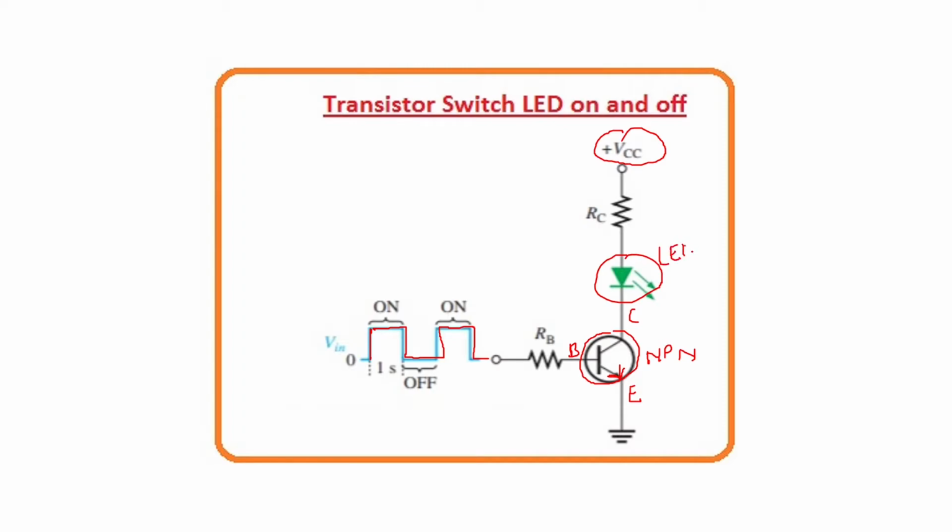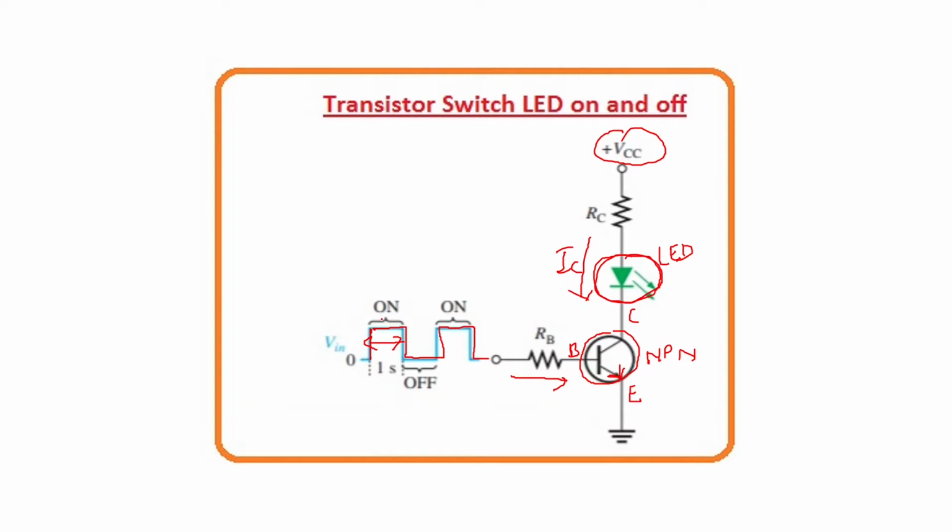So when the input is given as on time for 1 second, there will be base current flowing here, and in that case the transistor will be driven into conduction. At that time the collector current also will flow here, and the LED will glow.